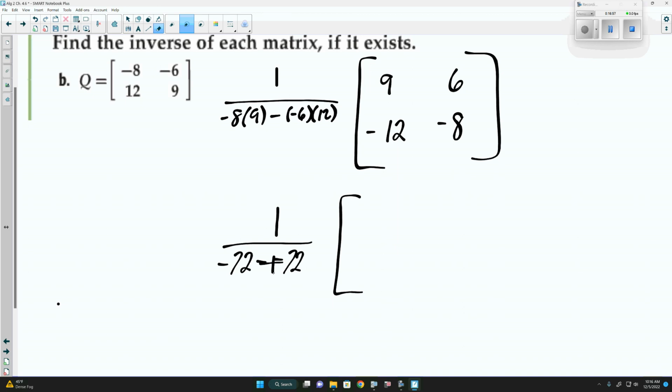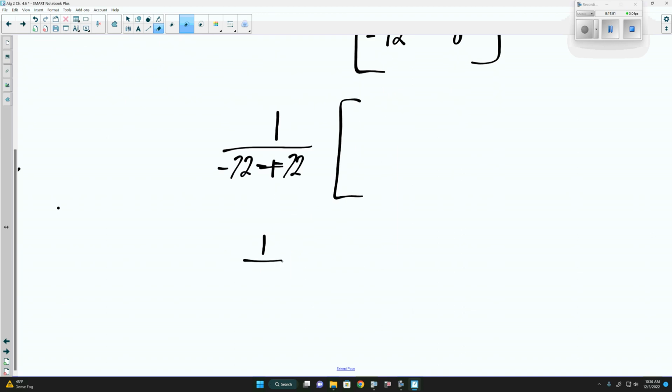Well, wait a minute. Doesn't exist. Because we can't divide by 0. Because 1 divided by 0 does not exist. It is not possible.